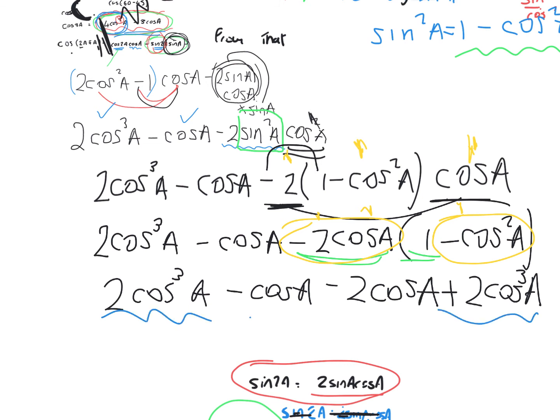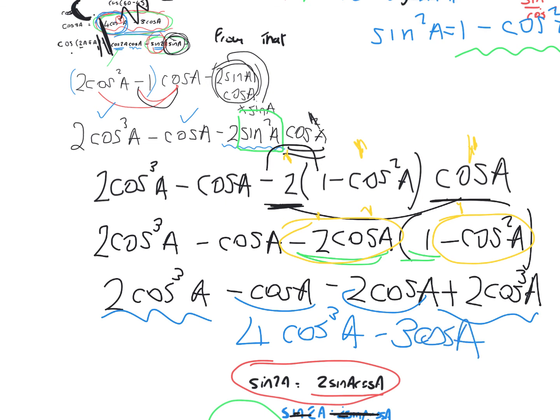That and that is going to give me my 4 cos cubed A. Minus cos A minus 2 cos A is minus 3 cos A, and that is the final answer. The key thing with these questions is you're always looking to make swaps and lifts.